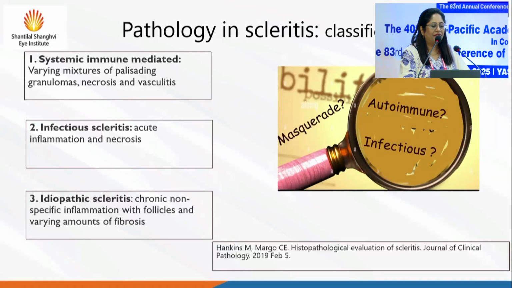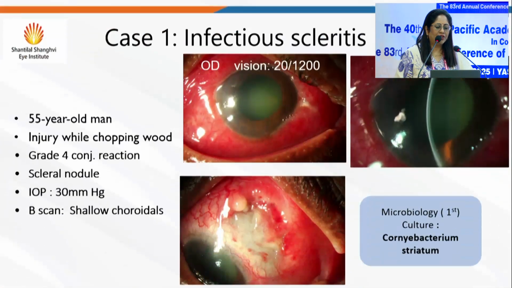Whereas in infection, you're going to see obviously a lot of acute inflammation and devastating necrosis in the tissues. In idiopathic immune-mediated scleritis, you are more likely to see chronic non-specific inflammation with follicles and various amounts of fibrosis, because it's a very chronic condition. So that is what you're likely to see in the pathology of scleritis.